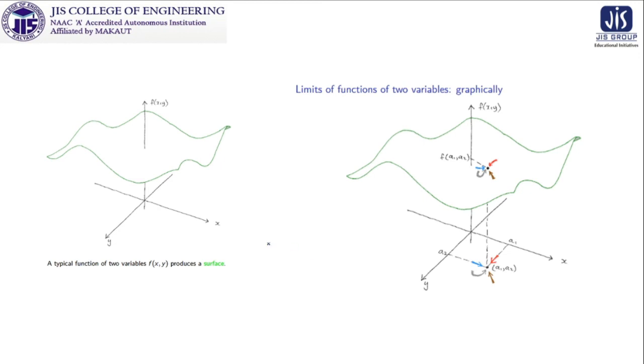When you are thinking of real number lines, you approach in this direction and this direction, but for a surface, you can approach a point from various directions, and that is represented over here. If from various directions the functional value remains the same, then it is called the limiting value at this particular point of this surface.